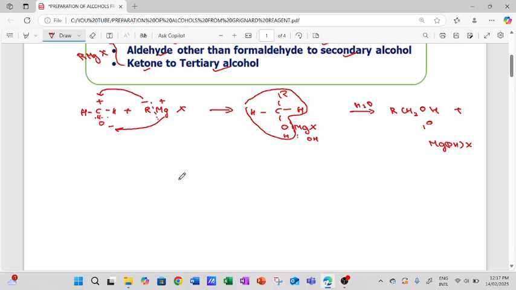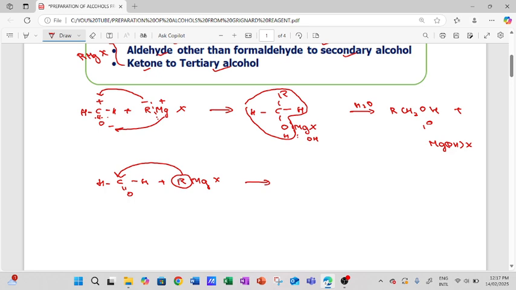It's not necessary to write the mechanism completely by shifting the negative and positive charges from RMgX to the aldehyde. You can write the reaction directly. If you have formaldehyde, take RMgX, select the alkyl group in it, and add this alkyl group to the carbonyl carbon of the aldehyde.